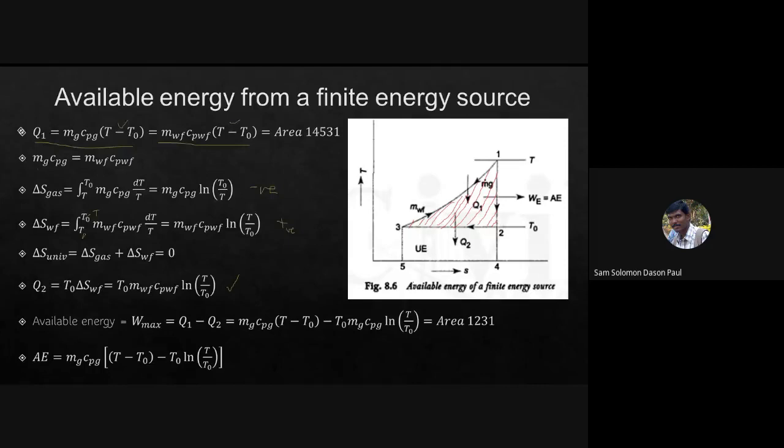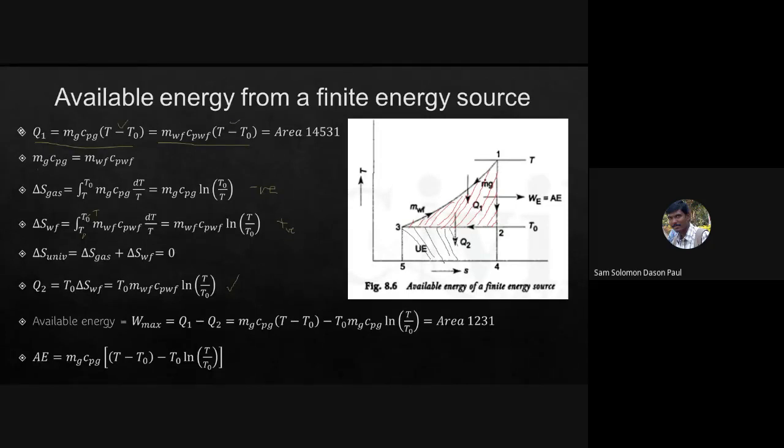If you look very carefully, you will be able to see where the unavailable energy is. It's the rectangle below, rectangle 24532. They have already marked this as UE. UE is unavailable energy. So this region is going to be the unavailable energy.